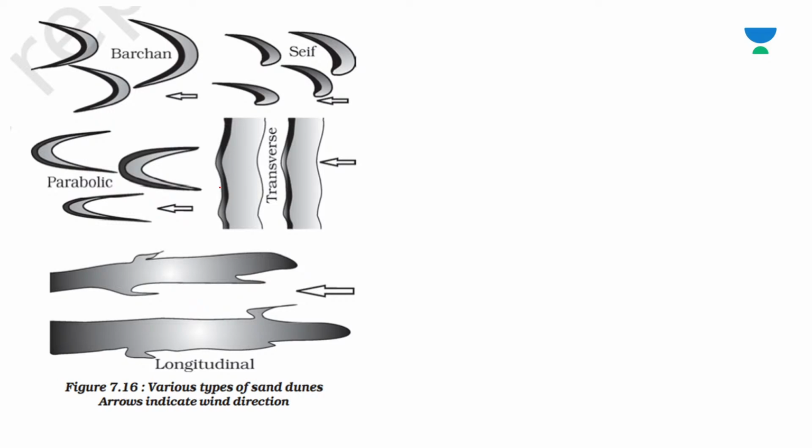See, the crescent shaped dunes called Barchans, with the points or wings directed away from wind direction, that is downwind, form where the wind direction is constant and moderate, and where the original surface over which sand is moving is almost uniform.